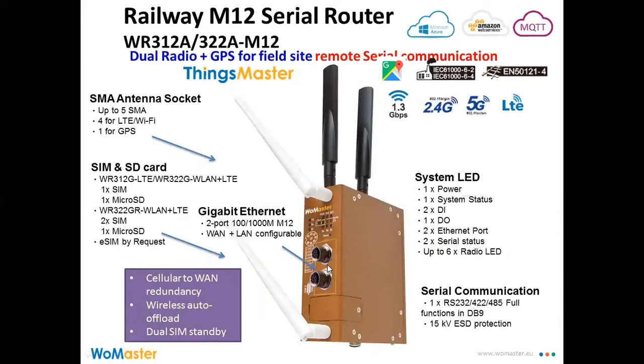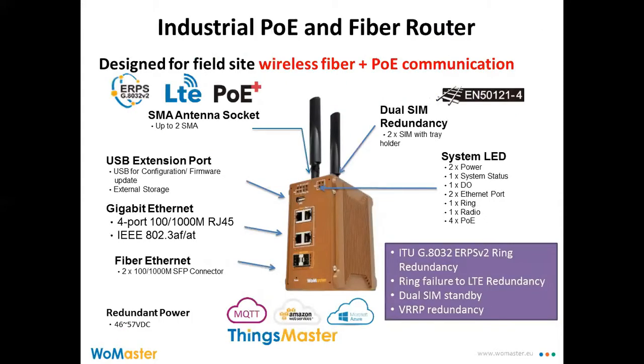So if you have a railway requirement, you can choose this device. And if you have a fiber requirement, this device can provide fiber and also includes ERPS and PoE.